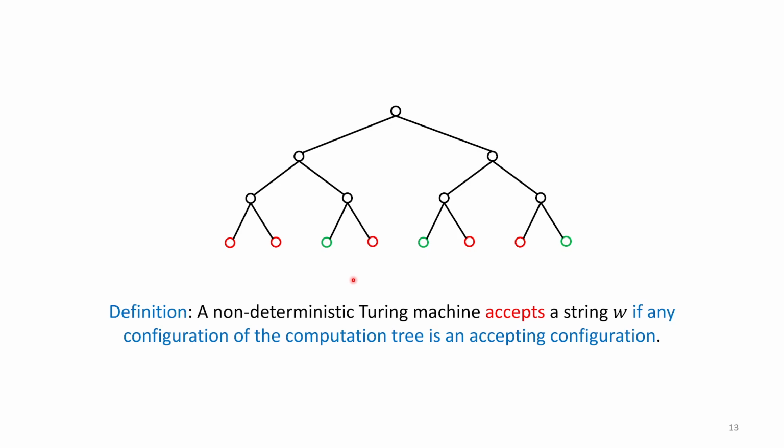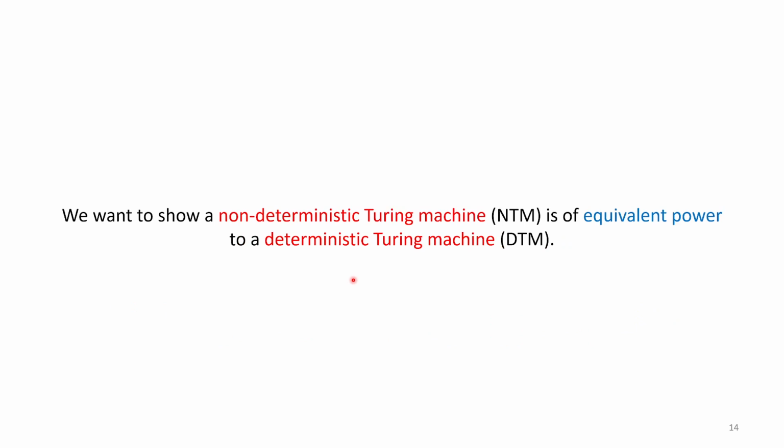Of course, it cannot do non-deterministic things, but it can act as though it can do non-deterministic things in a deterministic manner. And that's going to be the goal of the rest of this video: we want to show that a non-deterministic Turing machine is of equivalent power to a deterministic Turing machine.